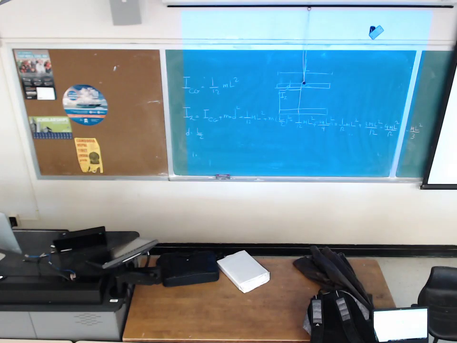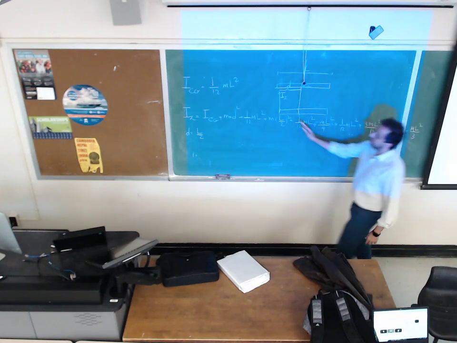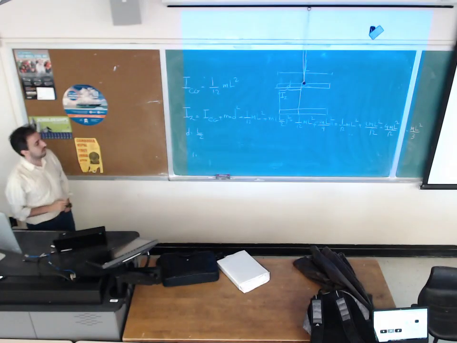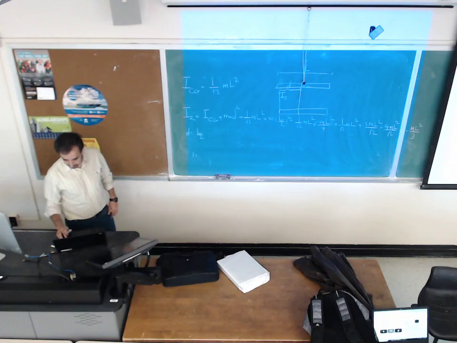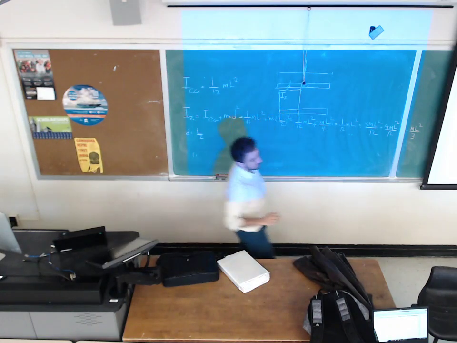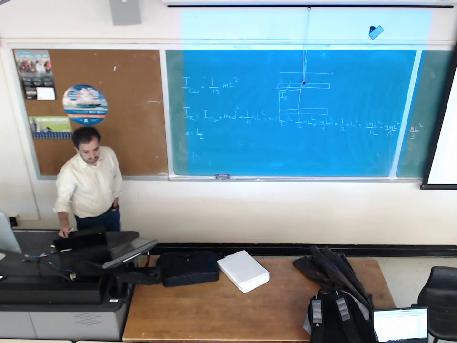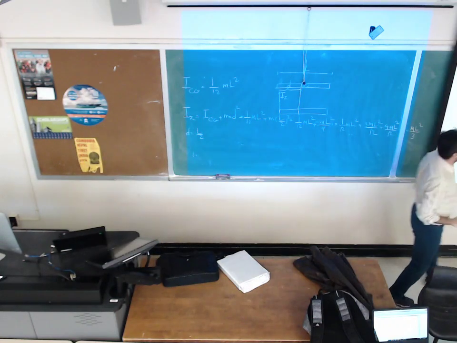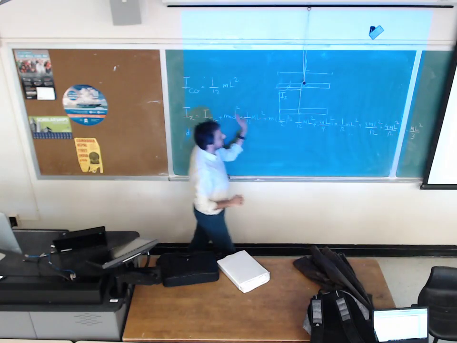So if you look at this, you can see why the I with respect to the new axis should be 1/3 of m L squared. We call this the transfer theorem, also called the parallel axis theorem. You may need to use them. I'm just reviewing.